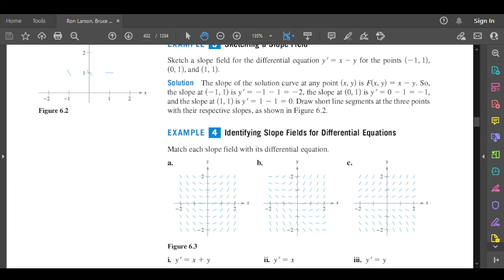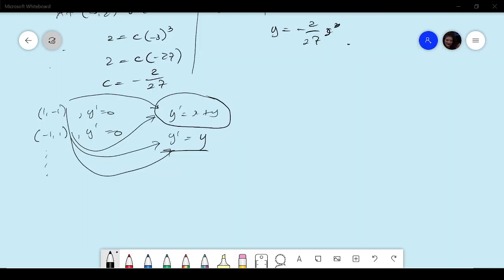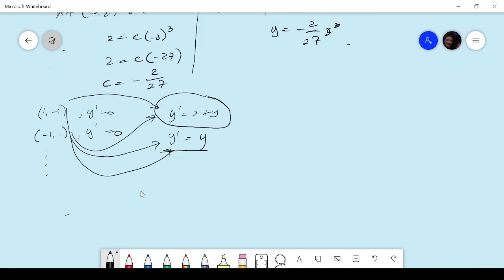Solve na natin si x plus y. Dili pa nato siya masolve, pero we can solve the other. Ato rang masolve is si y prime equals x.